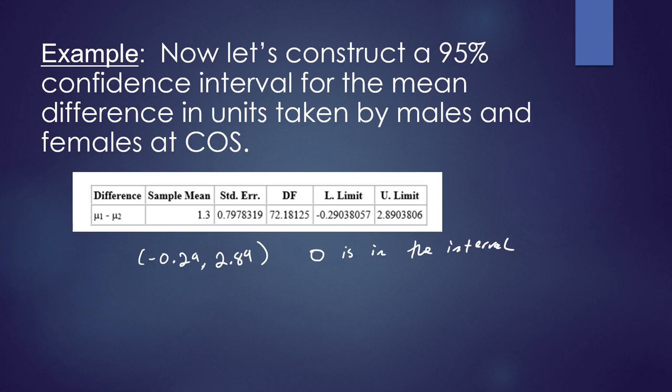What that means is we are going to have no difference. When we do a two-sample mean test, we're actually taking the difference between the averages. And we are 95% confident that there's going to be a 0 inside the interval.